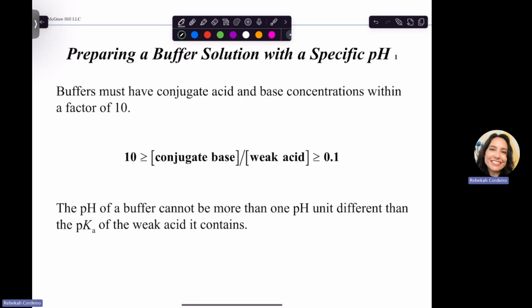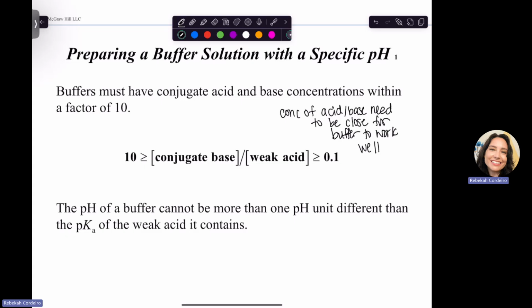The concentrations of acid and base need to be somewhat close for the buffer to be effective, because you need to have both the acid and the base ready to neutralize any oncoming acid or base, right? We need that weak acid and that conjugate base.